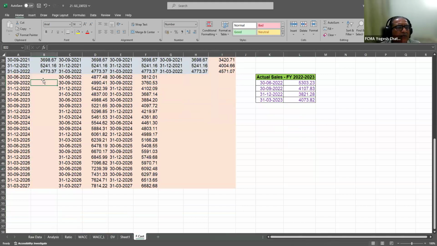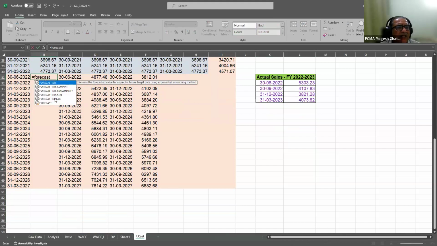If I show you one or two, see here, there are various forecast functions. If I use forecast linear, it will calculate or predict a future value along a linear trend by using the existing values. That is the use of the forecast linear function.